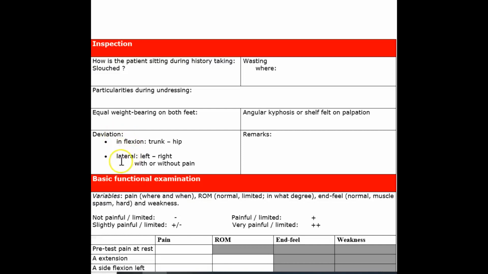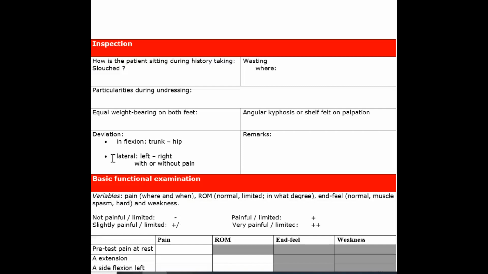Sometimes they show a lateral deviation. I'm talking about a pure lateral deviation, not about a lateral deviation in combination with rotation, because that would be a scoliosis. No, we're talking about a pure lateral deviation, also in the spine. Well, this is also typical, in the majority of the cases, for a bigger lumbar internal derangement.